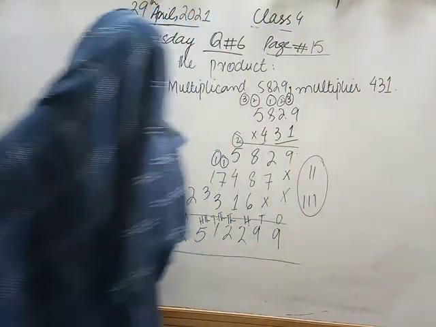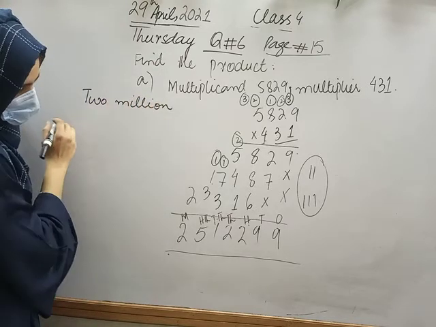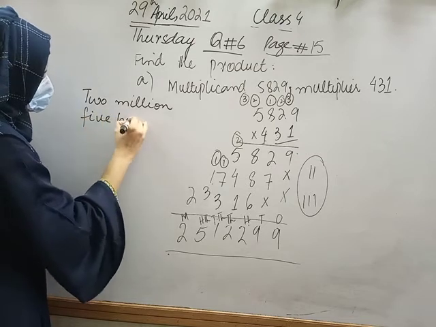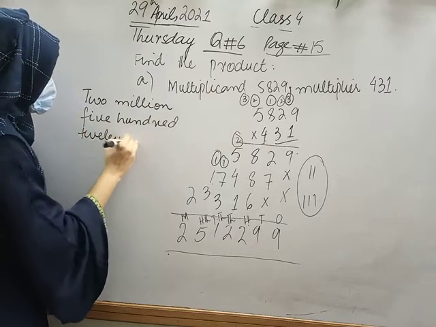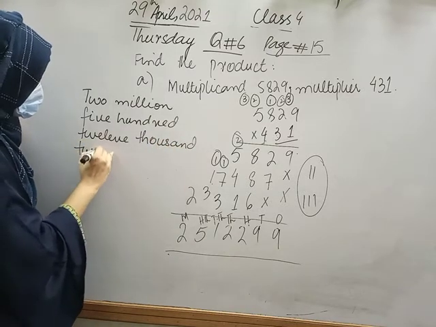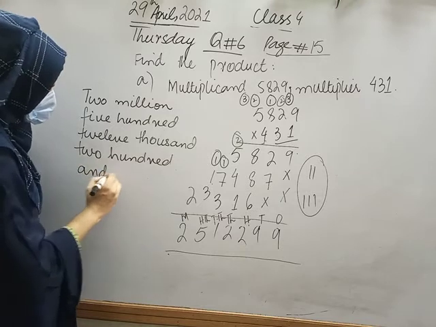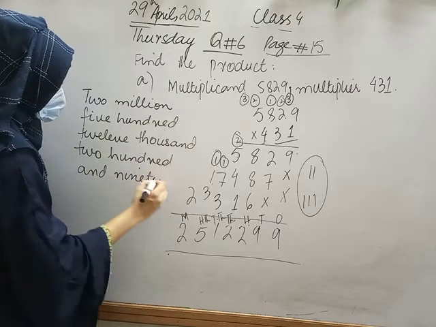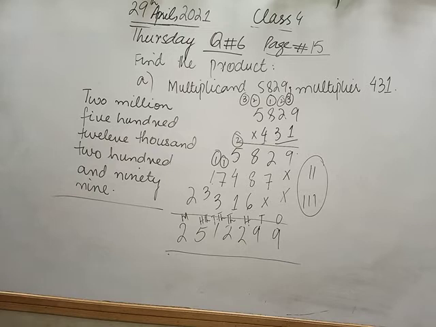So we can write this as 2 million, 500, 12,000, 200 and 99. Okay, 2,512,299. So this is all, class.